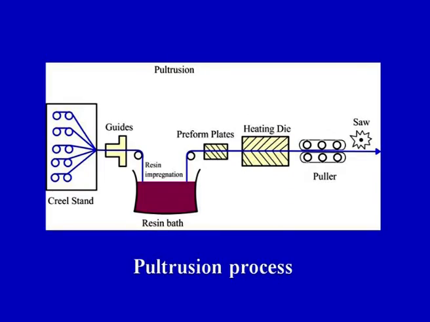In this particular case, we can see the fiber is coming from the creels, it is being guided into the resin bath. In the resin bath, it is picking up the resin, the fibers are getting wet and they go into the preformer. The excess resin is removed at the preformer stage, and the desired shape of the resin and fiber system is then fed into the heated die, where it gets its final shape and the curing takes place inside the heated die, and finally we get the composite product out.